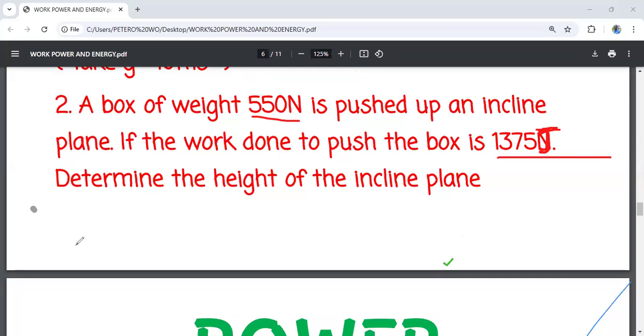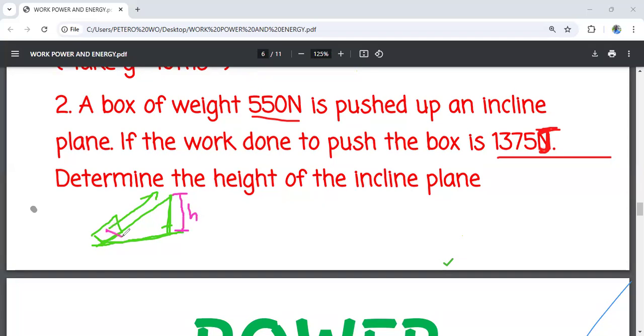An inclined plane is something that looks like this, where this one here is the ground, then it has a certain height, and we have to move a body from this point, moving upwards. Now the height of the inclined plane is this one here, and we can call it h.